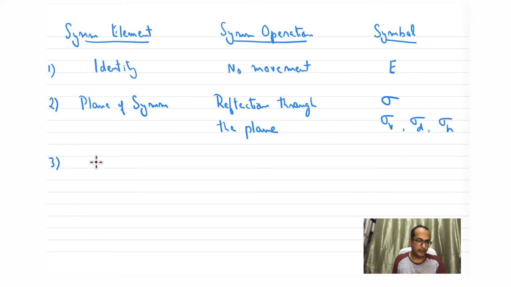Third is center of symmetry. In some books, you will also see it as center of inversion or inversion center. They all mean the same thing.